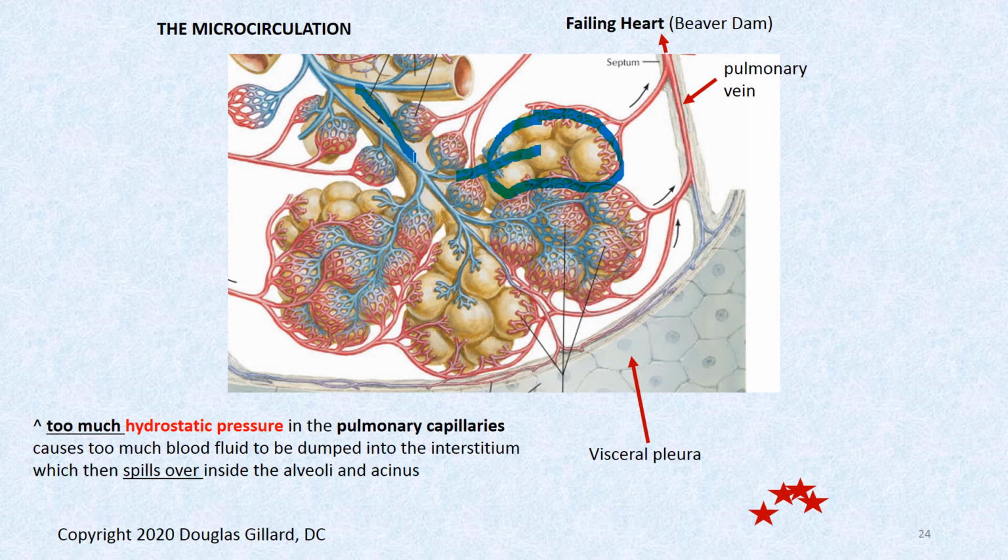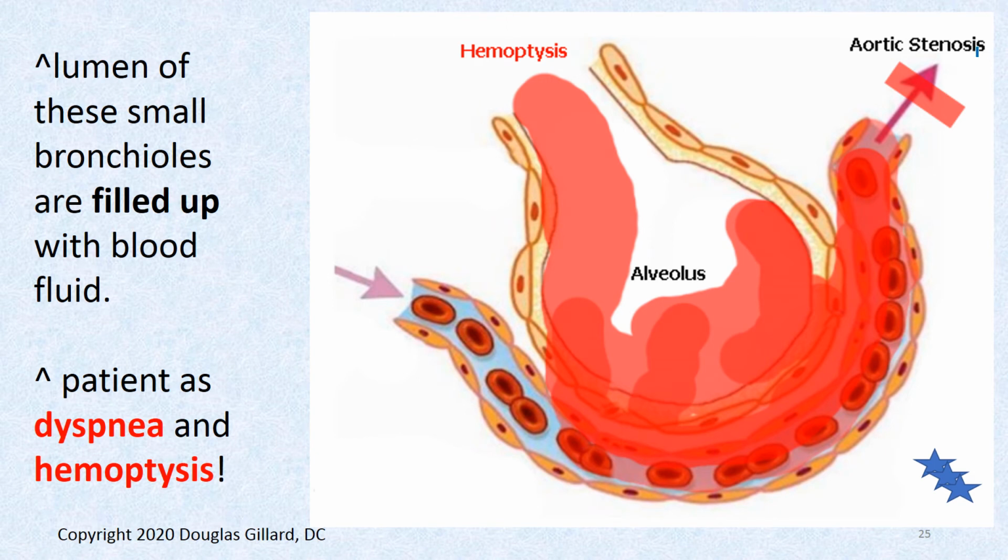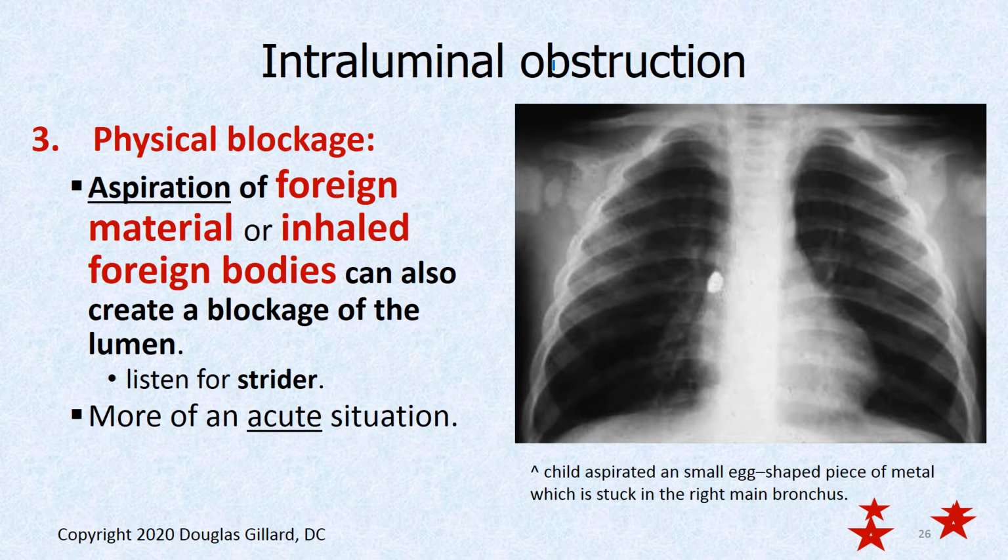Those are the three respiratory units, all where gas exchange occurs. And so, yeah, that's the deal. If you have a beaver dam here, the pressure builds up and you start dumping blood fluid into the interstitium, and even red blood cells can get into the alveolus, and you start coughing that stuff up and you've got yourself hemoptysis.